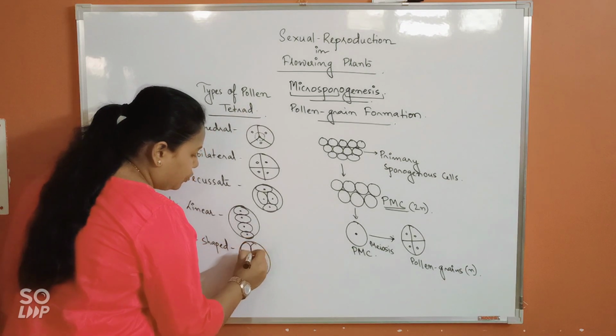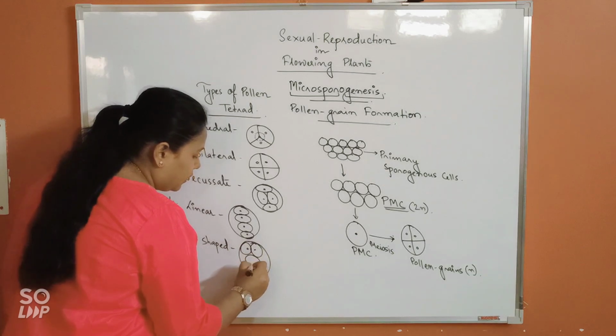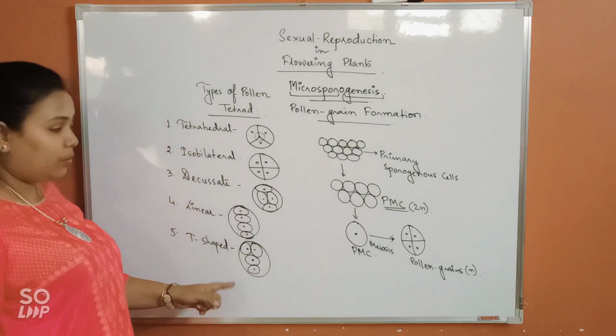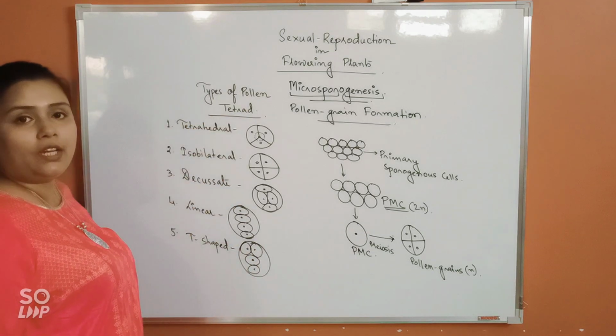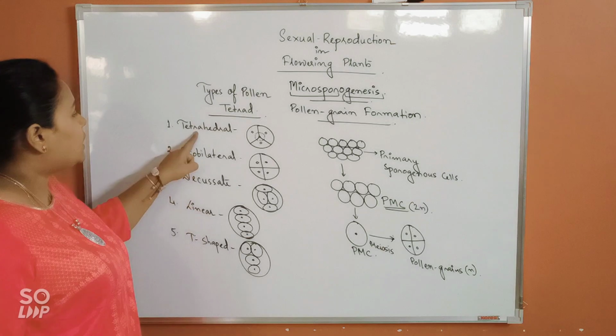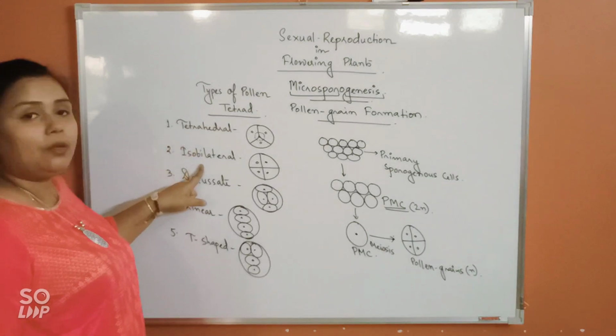That means here there will be two pollens, and then here the two others, so forming a T shape. Alright. So these are the 5 types of pollen tetrads that can be seen. This is most common in the dicots, this being in the monocots.